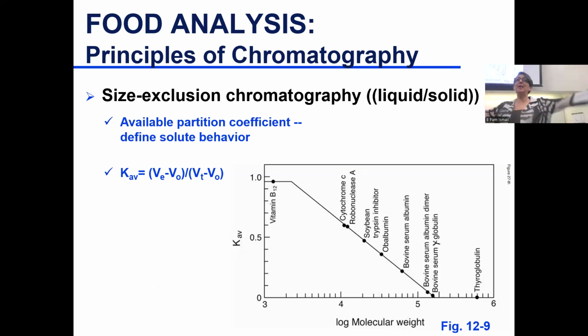So the range is anywhere in between. VO is the void volume. VE is your elution volume of a particular substance. And then V total is the total volume, including the void and the internal.